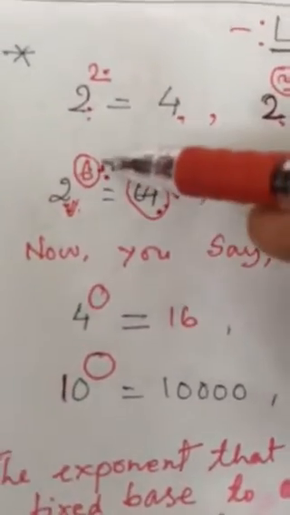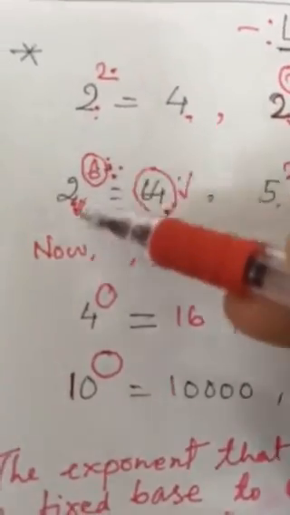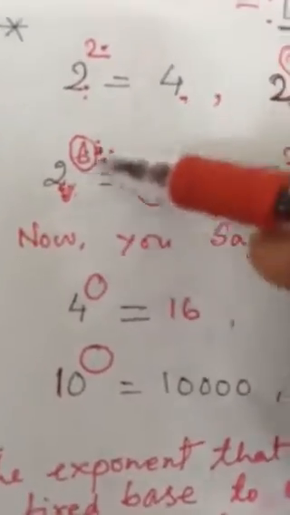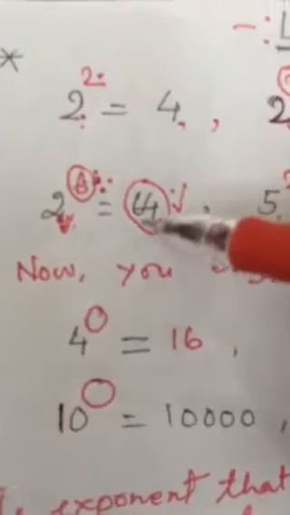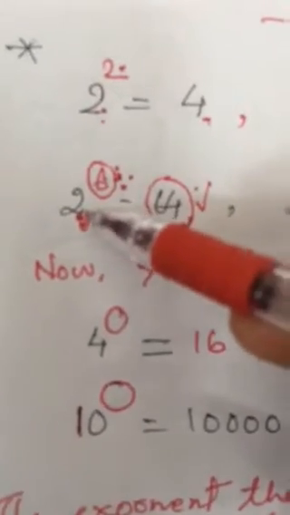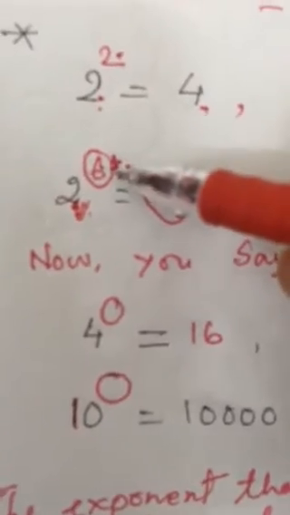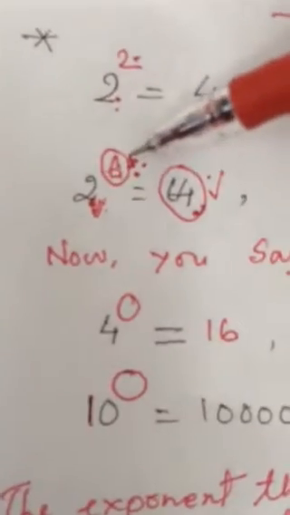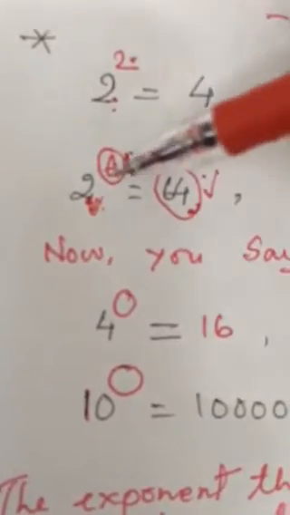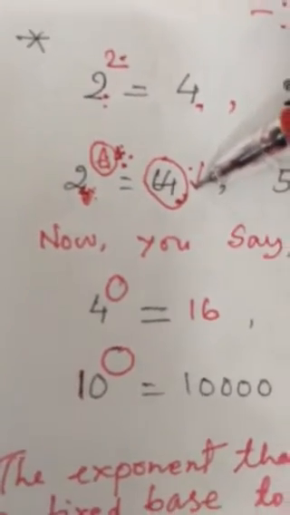You can say 6, because when we multiply 2 six times continuously, 2 times 2 times 2 times 2, in that way six times, we get 64. That is called the exponent. The exponent that must be raised as power to a fixed base to obtain a fixed value is known as the logarithm.